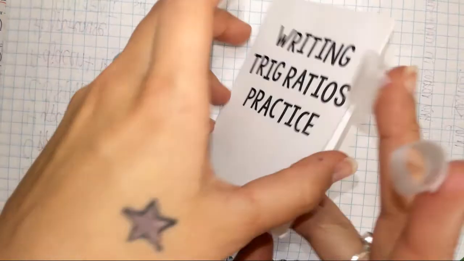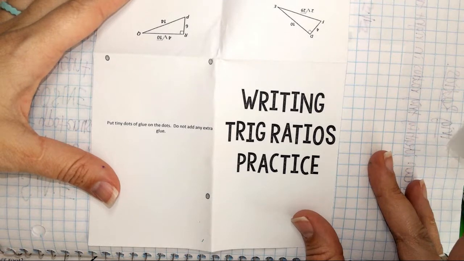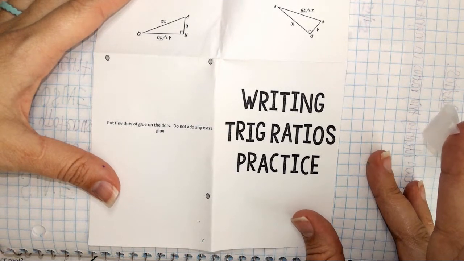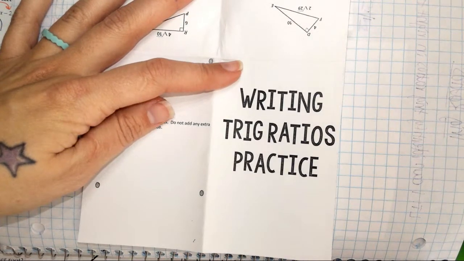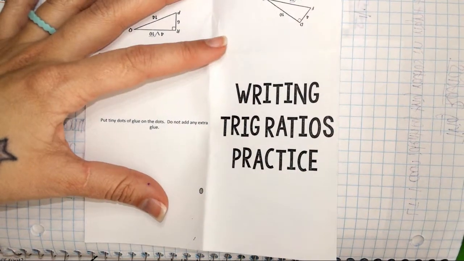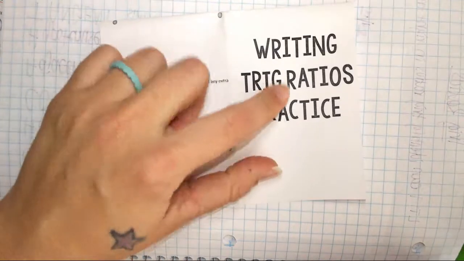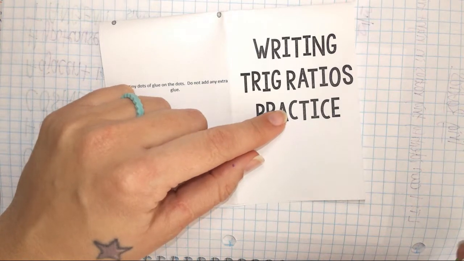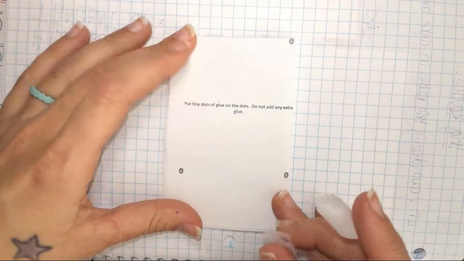You fold it so it looks like this, so the words are on the outside. Does anybody have an extra one of these? Then fold it backwards because you still want to be able to see these words. And then fold it again because you want to be able to see where you glue. Just make it look like a book.